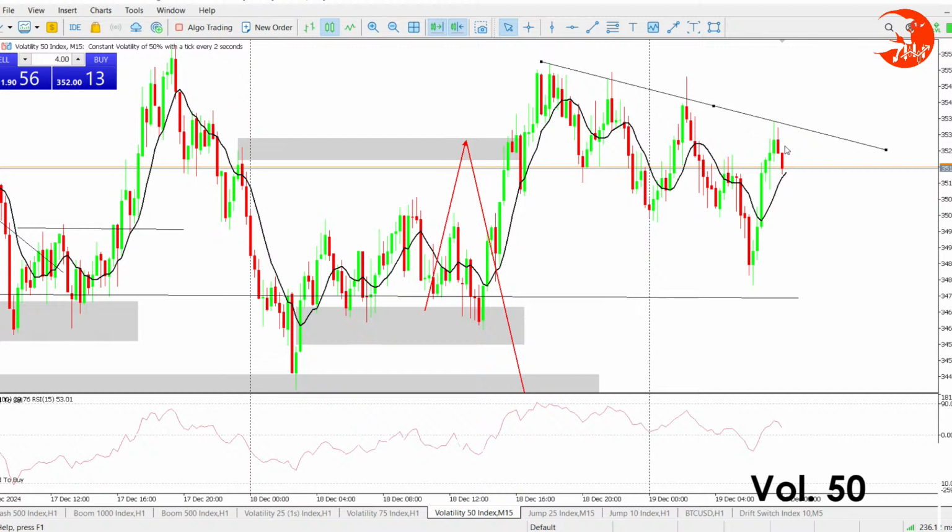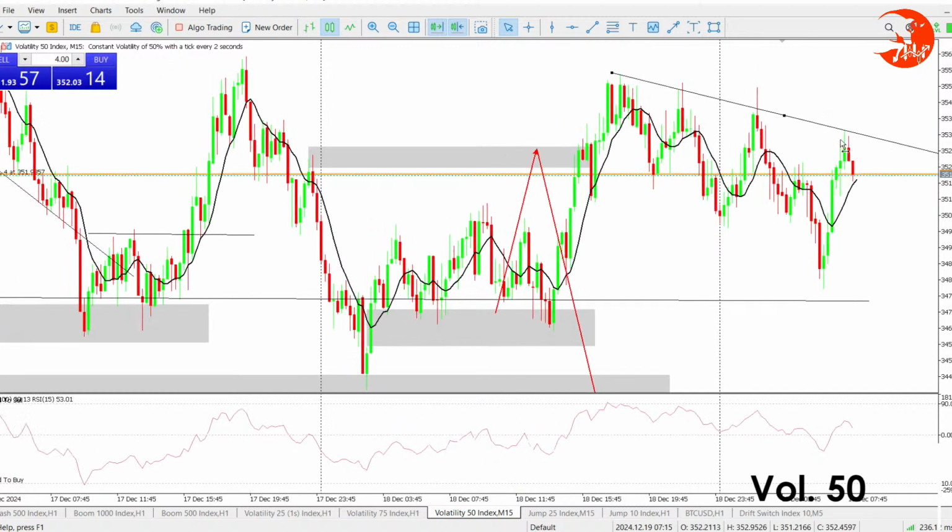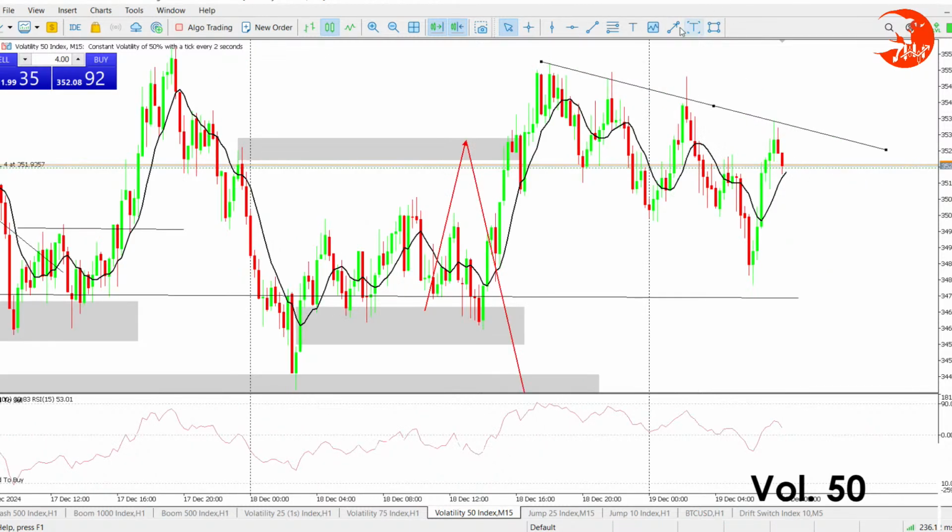This is a second candle for the sell, so most of the times I just want to grab it like that. Sometimes it may give you a retest, but sometimes it may not. Just like an example on this level here, it never gave you a retest. It went straight to sells, so that's why I've just entered.